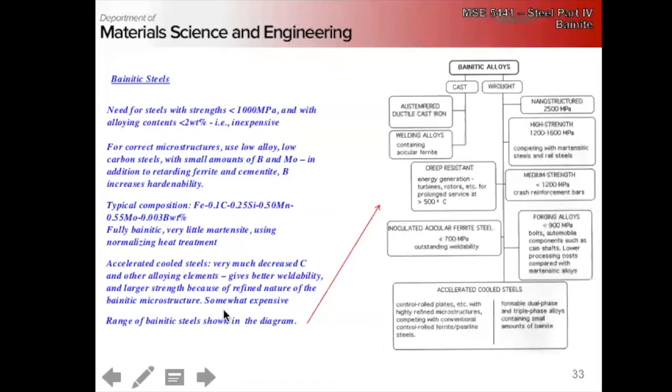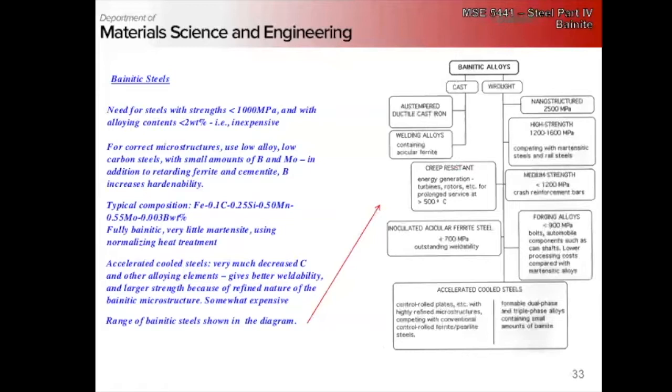And that's basically the range we're playing in. And if we look at alloy compositions, carbon, silicon, manganese, molybdenum, boron, right? These become fully Bainitic, very little martensite, using simple things like normalizing heat treatments, right?